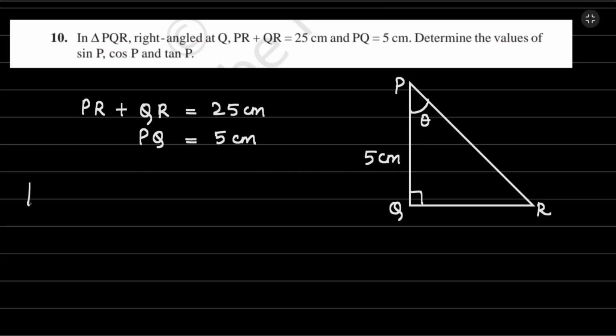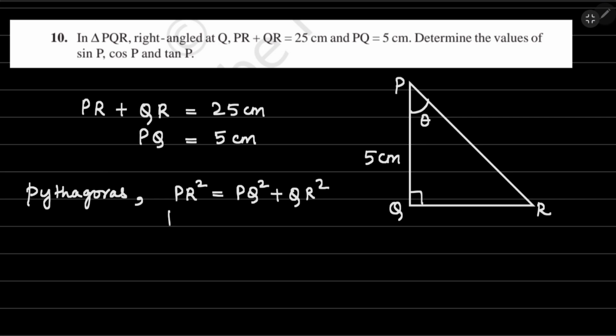Now Pythagoras theorem is the only thing that we know. So let's apply Pythagoras and see if we are able to find the other sides. Using Pythagoras, we know PR square equals PQ square plus QR square. So PR square is equal to PQ, which is 5 square, plus QR square.